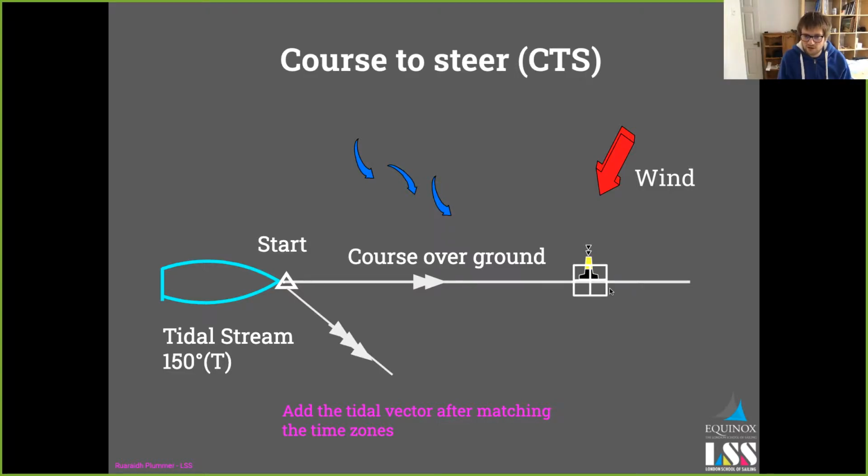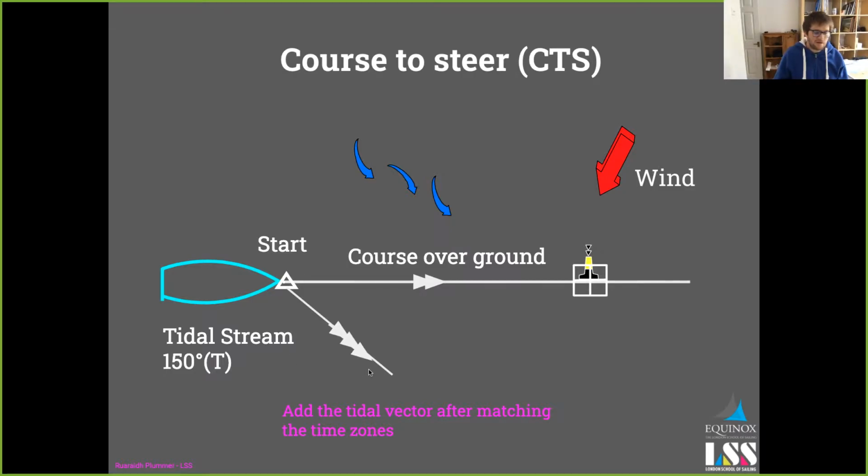But our speed, the boat speed that we're going to travel through the water. Boat speed versus speed over ground are two key points of this, so don't get them muddled. Our speed through the water we get to decide. The speed over ground is decided by that plus the tidal vector.